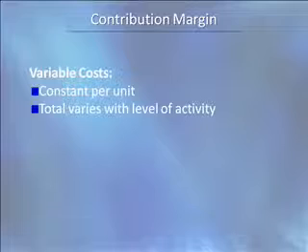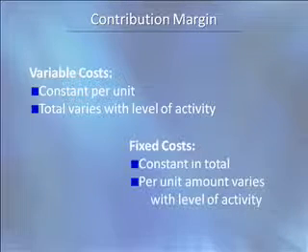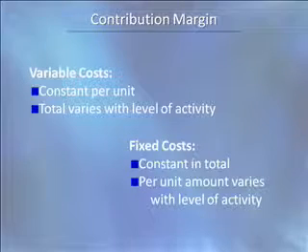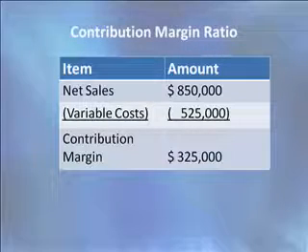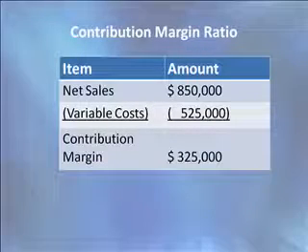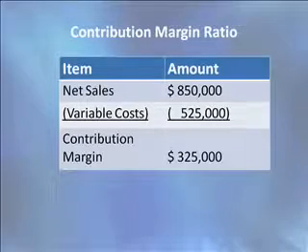The total varies with the level of activity. Fixed costs are constant in total. The per unit amount varies with level of activity. To determine contribution margin, we have net sales, in this example $850,000, subtract variable cost $525,000, and the difference is the contribution margin.